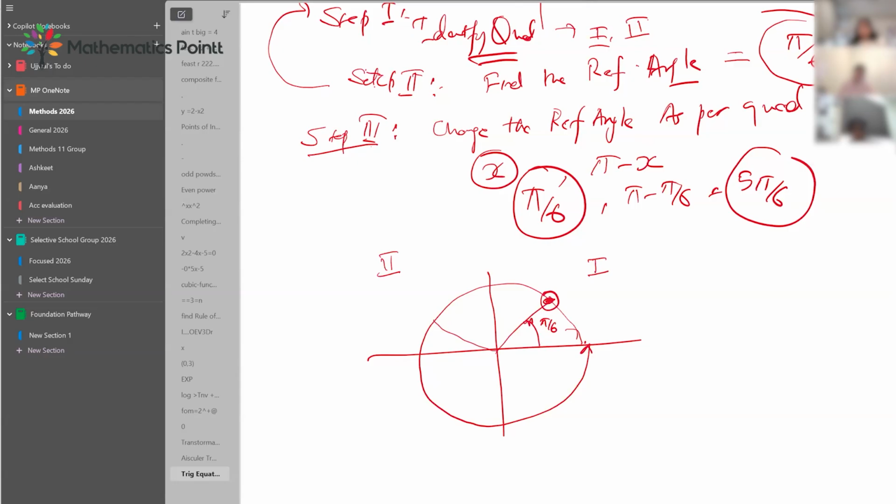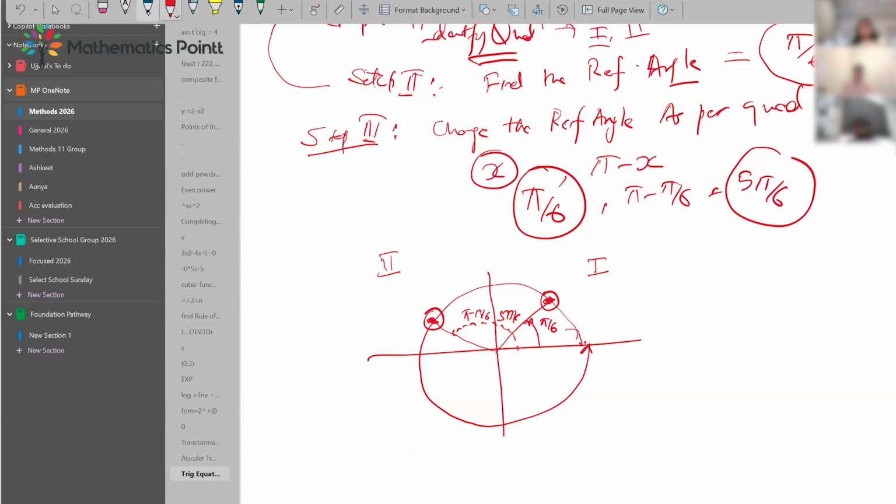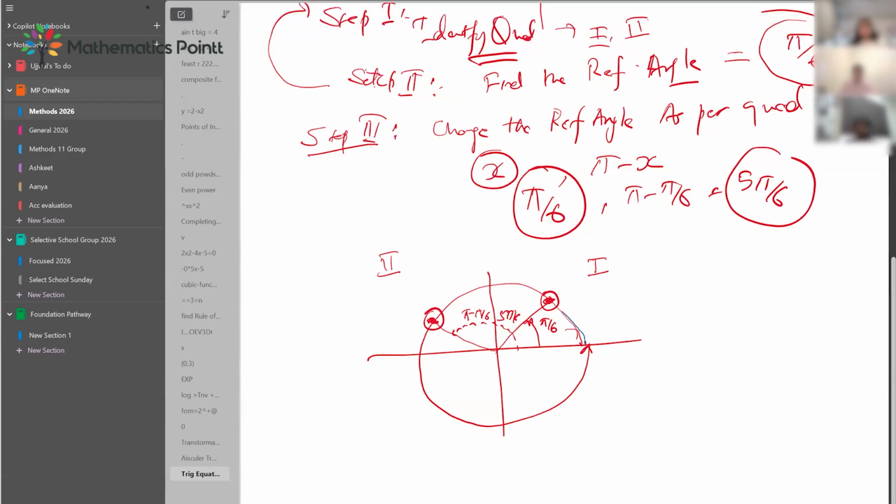And my second value is here, which is pi minus pi by 6 or 5 pi by 6. Is that okay? So far, so good? All right. Now, I started here and I found my first solution.